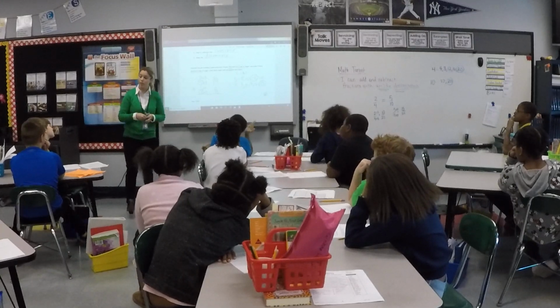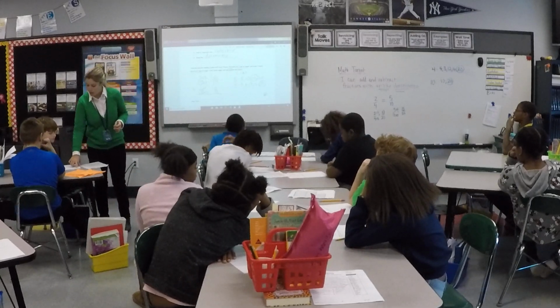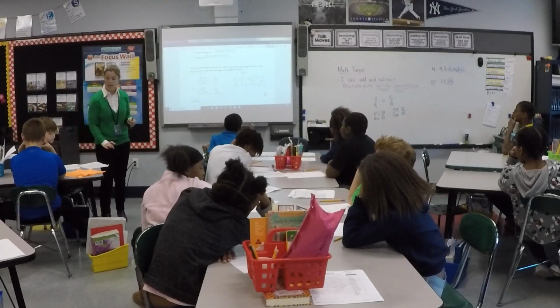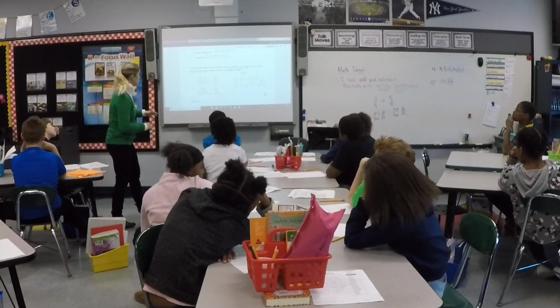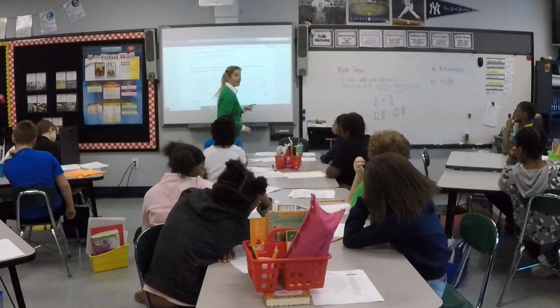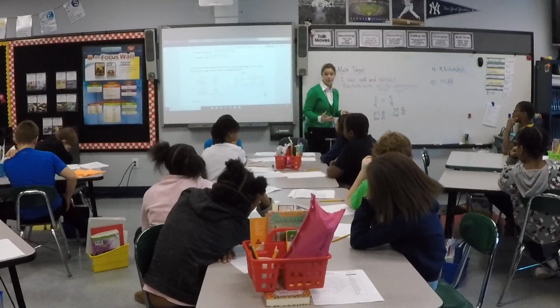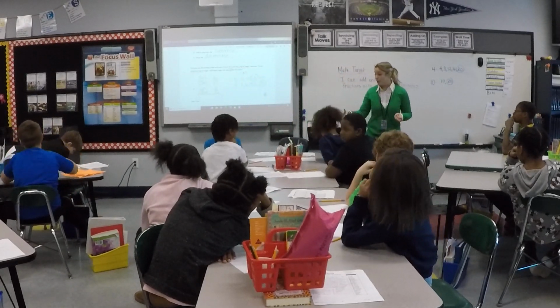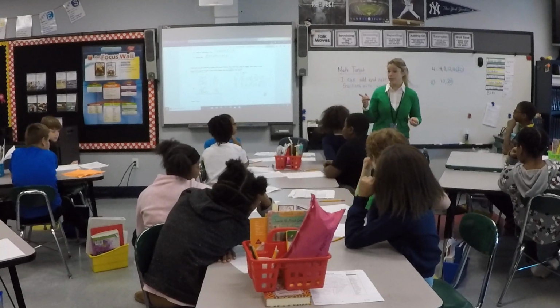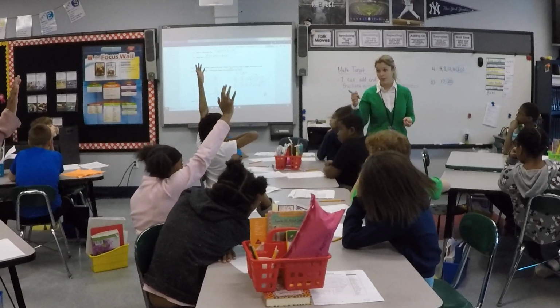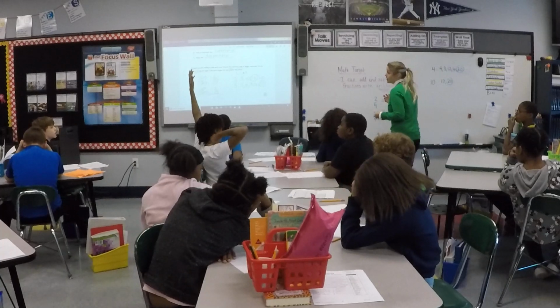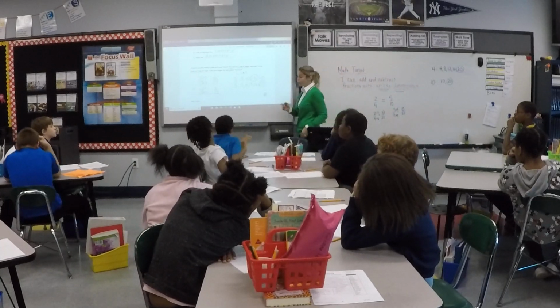Let's take a look up at our steps at the top. We did number 1, we found the common denominator. We converted the fractions to have the same what? Denominator. Now what do we have to do for step number 3? Who can raise their hand and tell me what I need to do? Nyanda. Add or subtract the numerators.